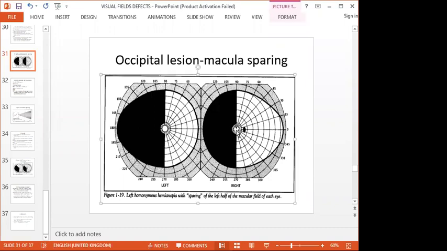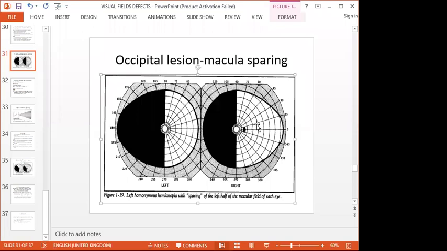This is the macula, and the fovea is the center there.